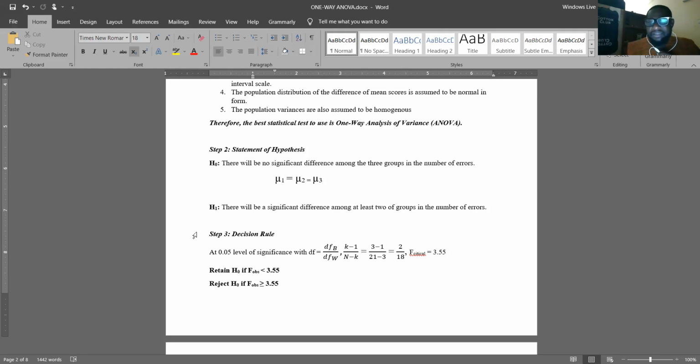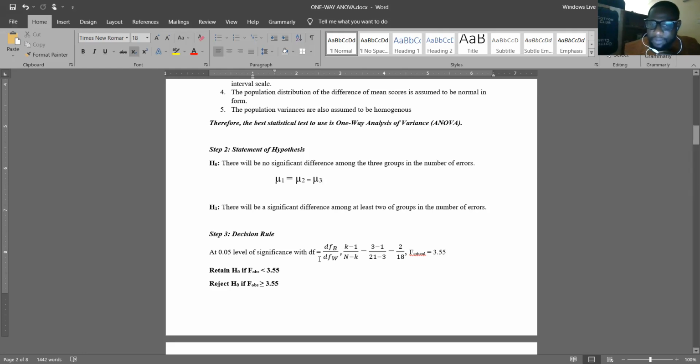Within the question, they didn't provide the level of significance, so we are assuming that our level of significance is 0.05. The next thing for us to do is to solve for the degree of freedom.